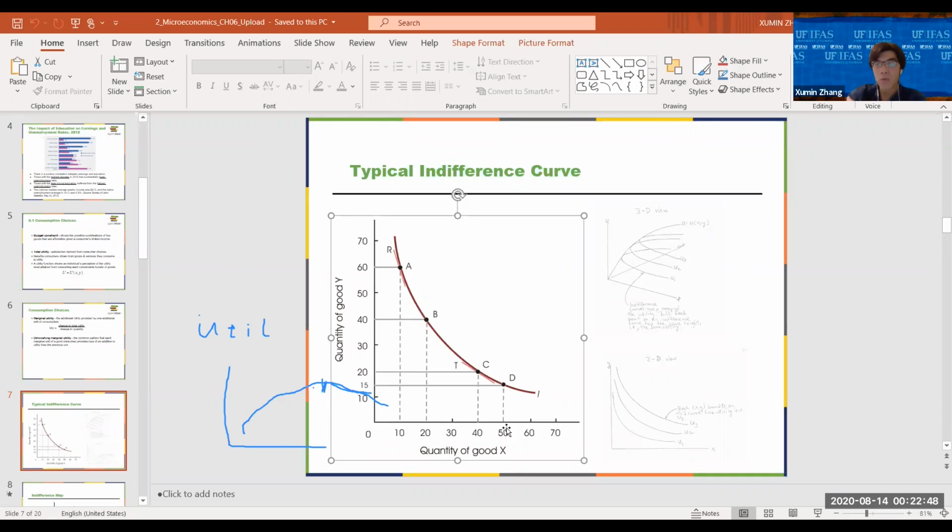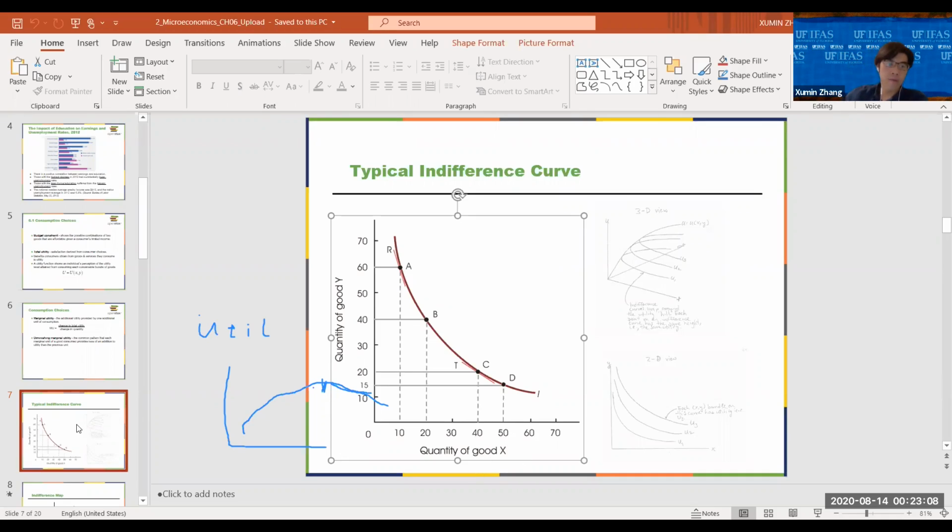That plane can also be projected on the surface. It becomes a straight line, which we call the budget constraint line, okay?